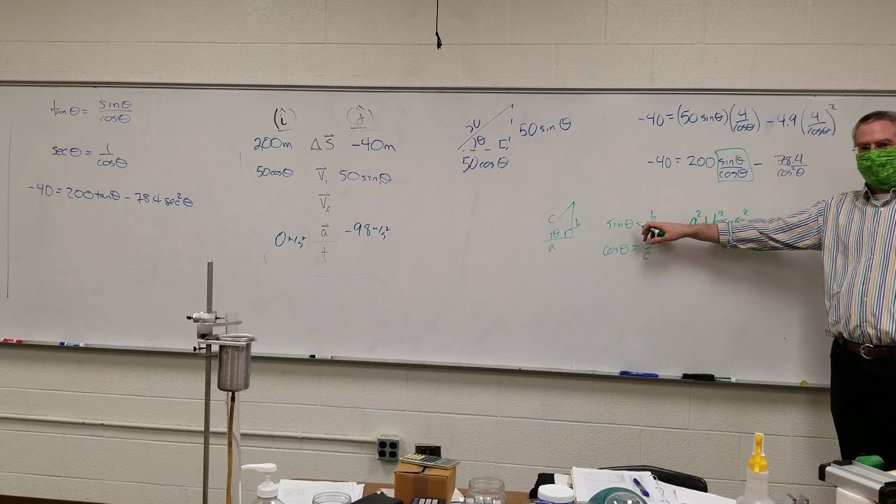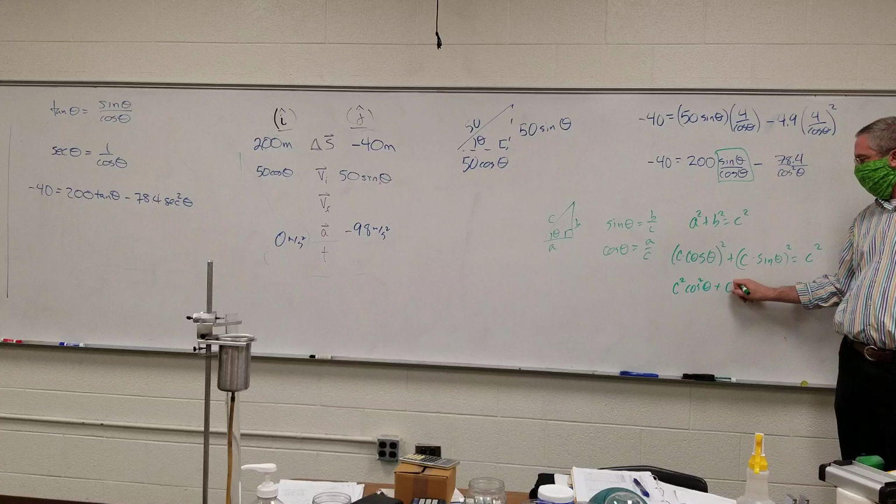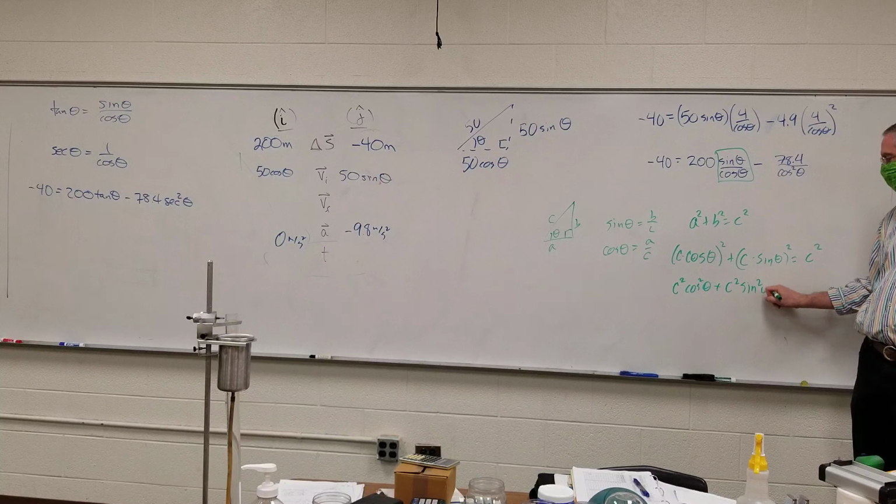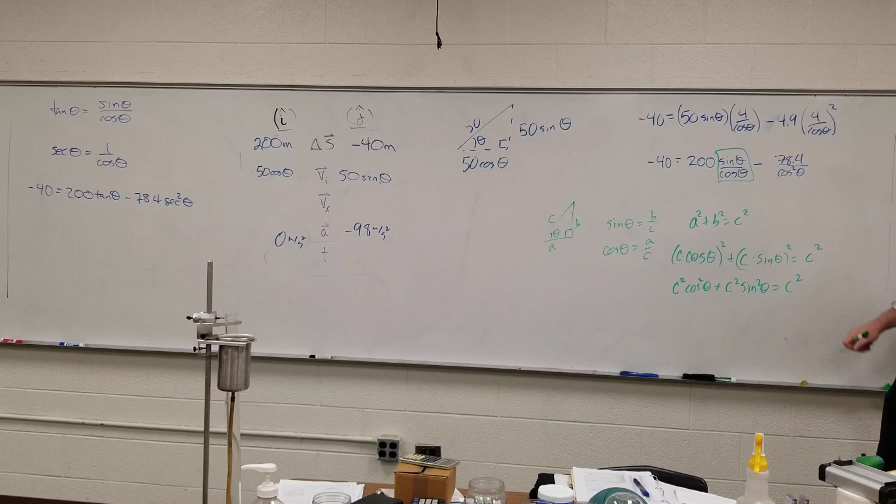So if I plug that in here, this becomes C cosine of theta squared plus C sine of theta squared is equal to C squared. Since I'm squaring this, this becomes C squared cosine squared theta plus C squared sine squared theta is equal to C squared.